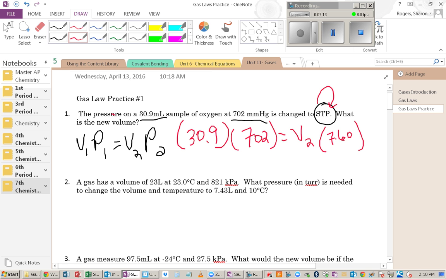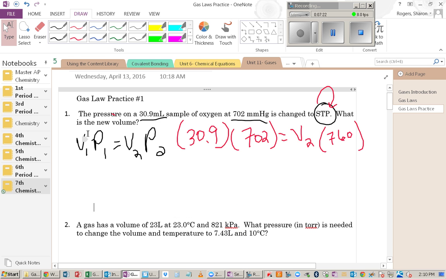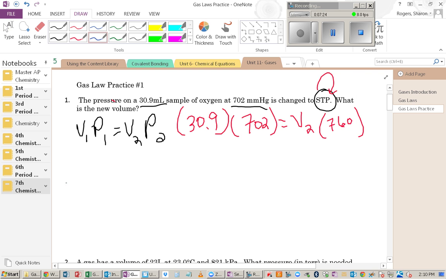Good. Okay, so if we solve for V2, divide by 760, you should get 28.54.